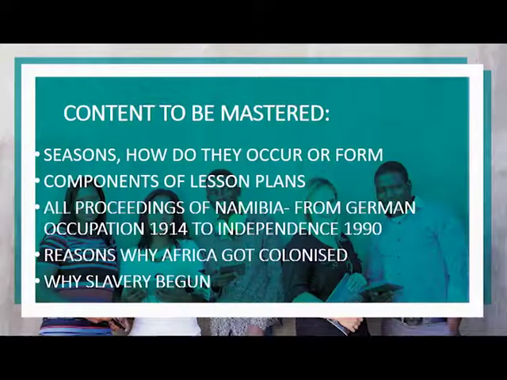You all know that the Earth revolves around the star, which is the sun, and that revolution obviously brings about seasons. But you should be able to draw a diagram illustrating how seasons occur.